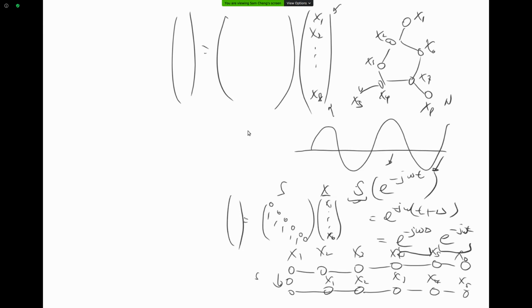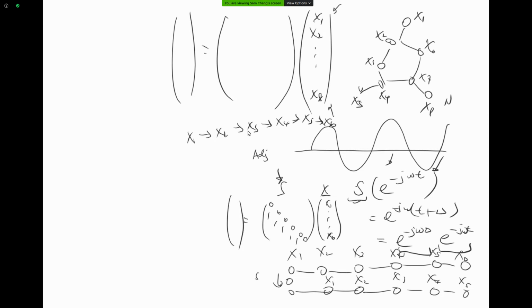If you verify it yourself, it's just the adjacency matrix of a directed graph x1, x2, x3, x4, x5, x6.